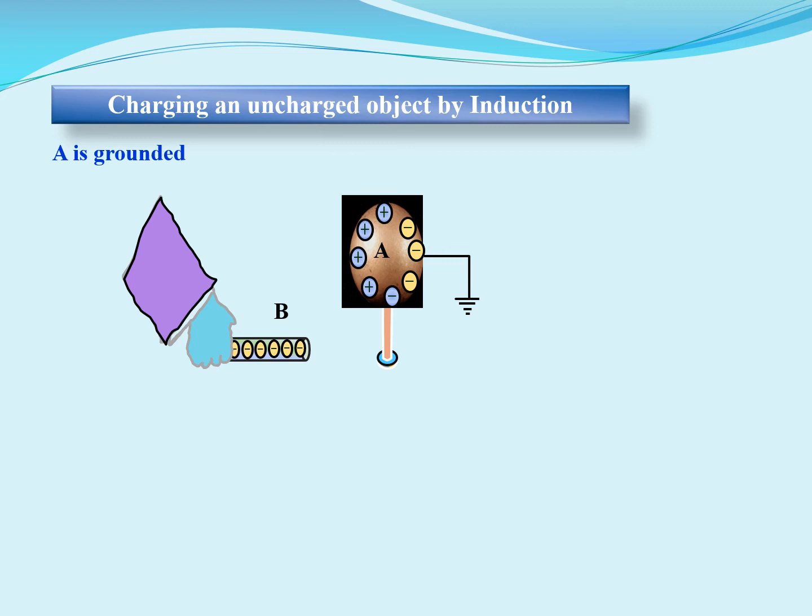And if the other end of A is now grounded, the negative charges start moving to the ground, where all the negative charges move to the ground till only positive charges remain on the surface.